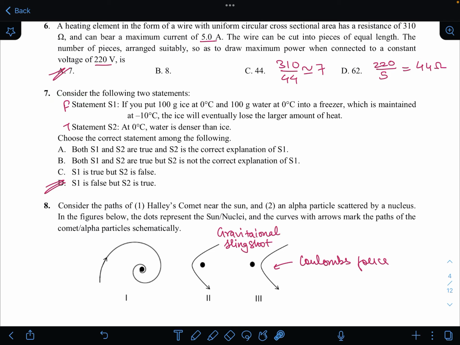Now let us move on to the second statement. At 0 degrees C, water is denser than ice. Now this is a true statement because of the hydrogen bonds present in water.